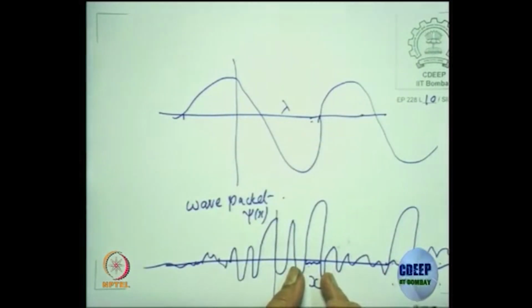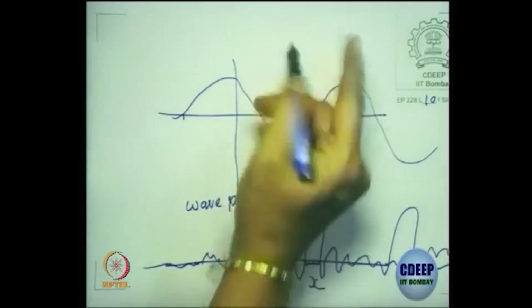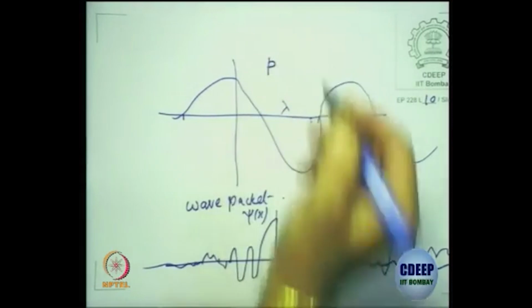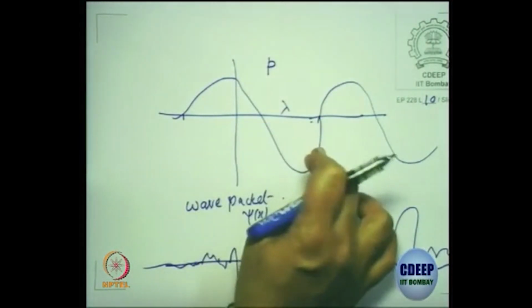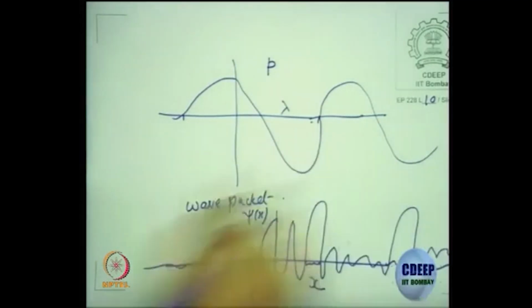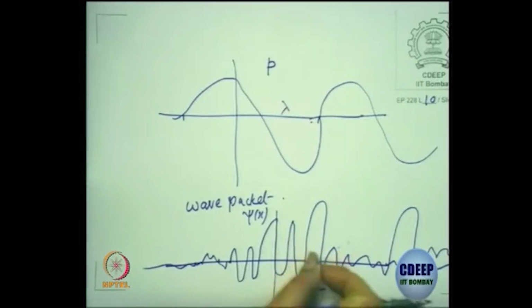You all agree? So specific wavelength means what? By de Broglie's hypothesis, specific p. So momentum is well defined, but you cannot localize the particle if it is a single de Broglie wave. But if it is a superposition of all possible waves, then the amplitude is maximum in a small, short region.